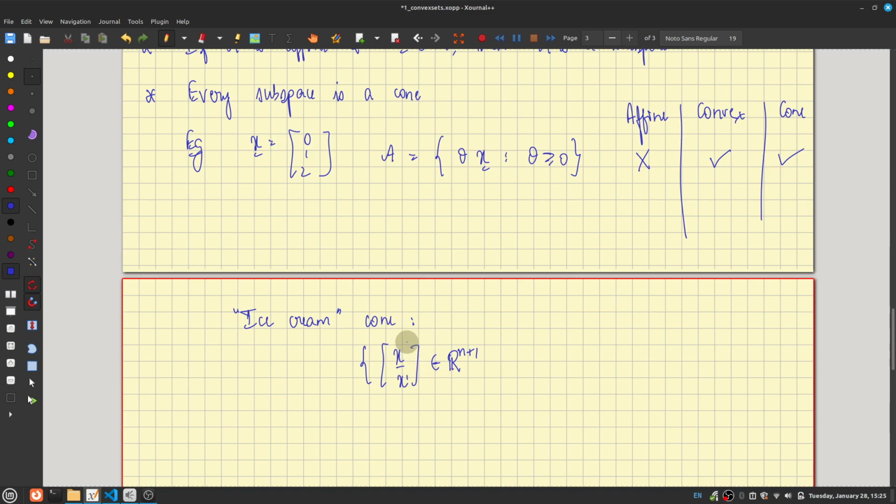These are basically vectors of length n plus 1. I'm going to denote this in a special way, we'll see why in a moment, such that x prime is less than or equal to norm x. I'm sorry, this should be greater than or equal.